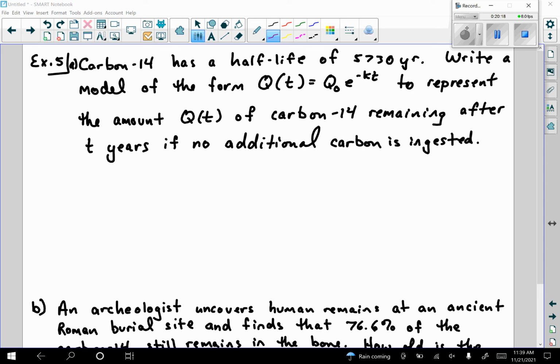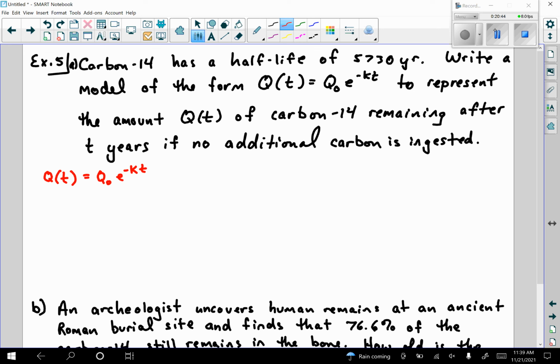So we're going to do the same thing we did in the last two examples. We have to find out what k is. So we're going to start with Q of t equals this initial value times e to the negative kt. Now we don't have an initial amount, but we're trying to show that it's half that's remaining.